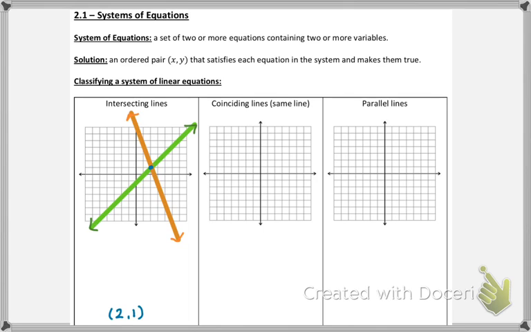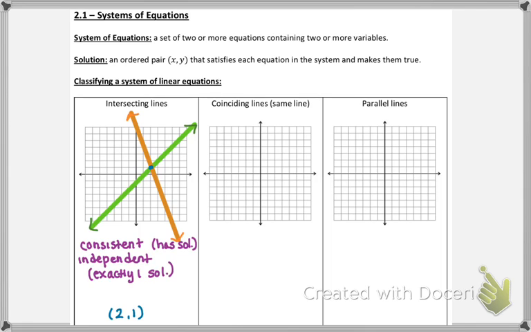So we can classify this system of equations as consistent, meaning that it has a solution. And then we can also classify this as consistent and independent, meaning that it has exactly one solution. This is the only point where the two lines intersect.